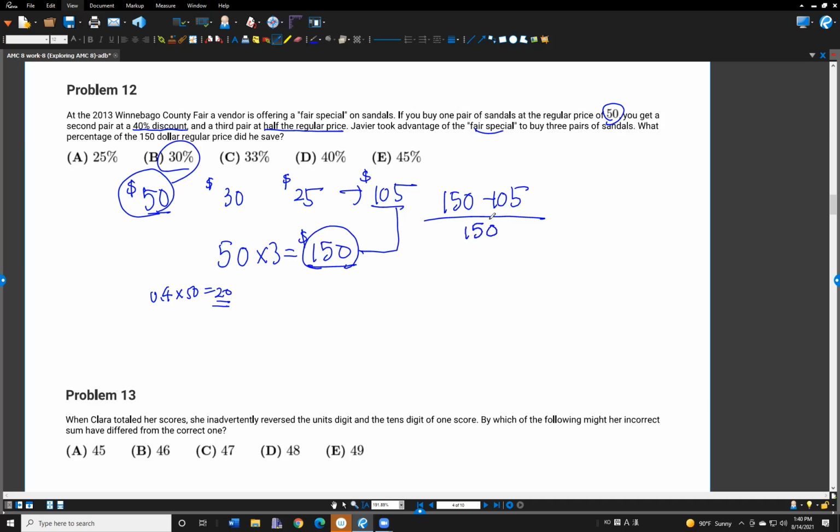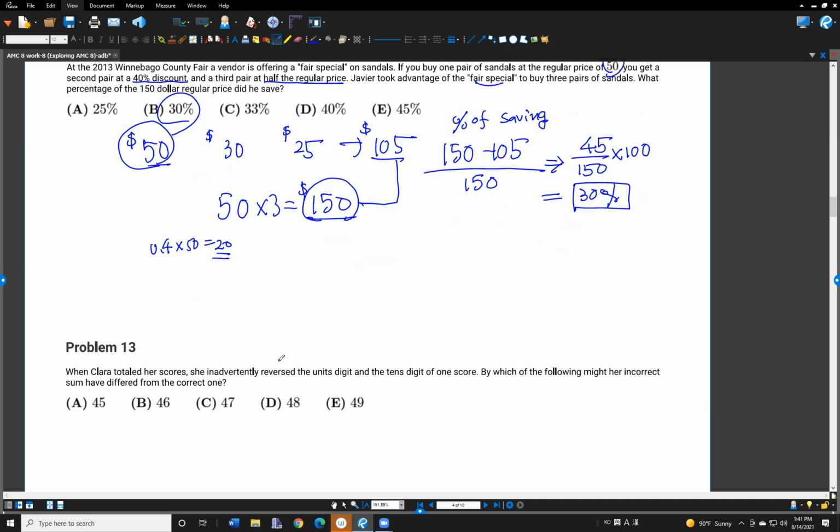That is the percent of saving. Actually, this is 45 over 150, and to find the percent, times 100, isn't it? So it is 30% she can save, right? Everybody agree, right? Yes.